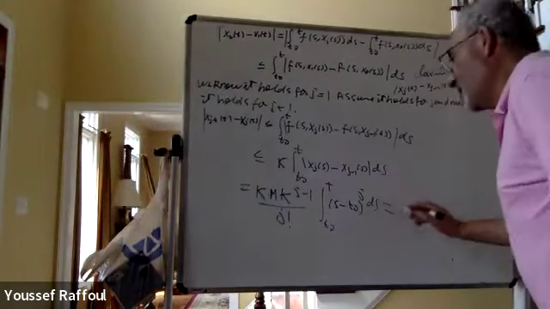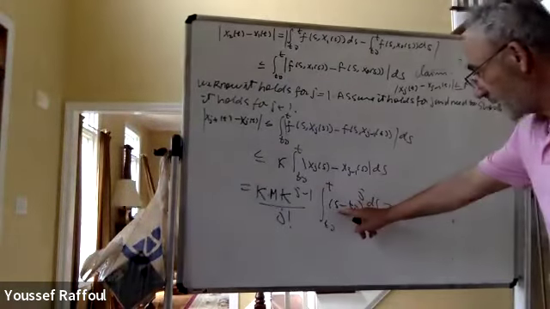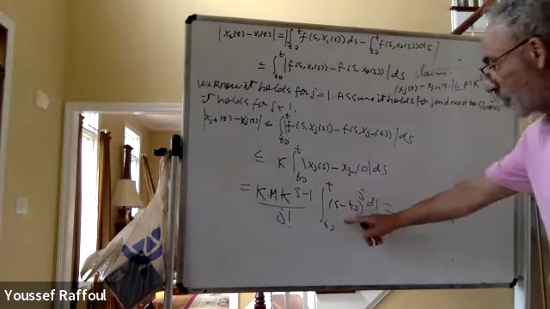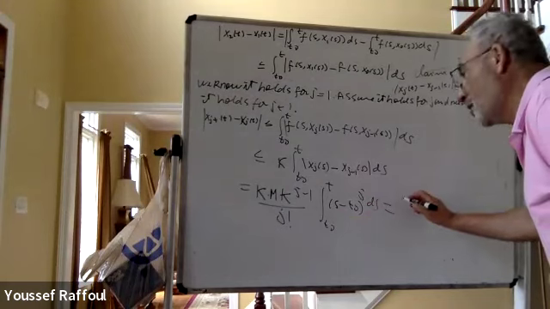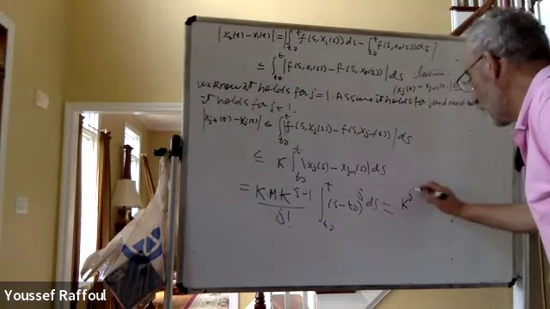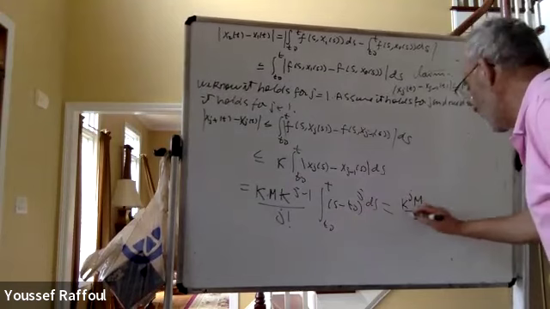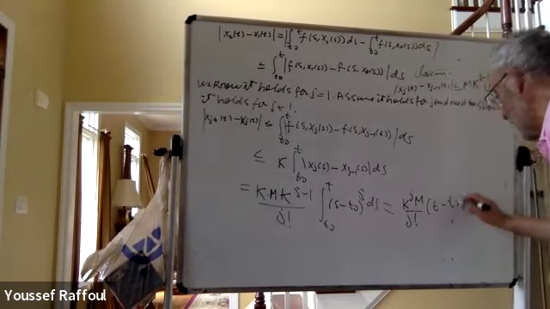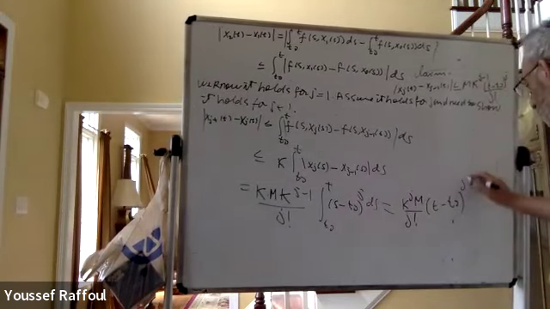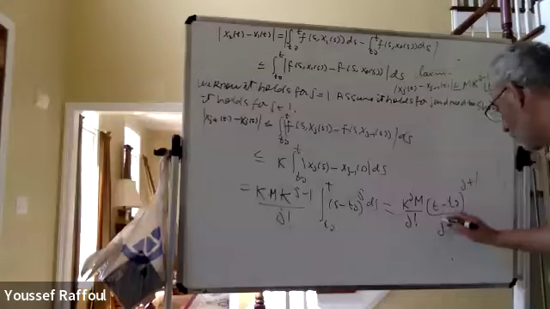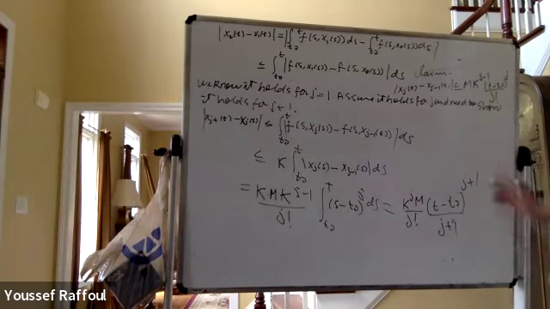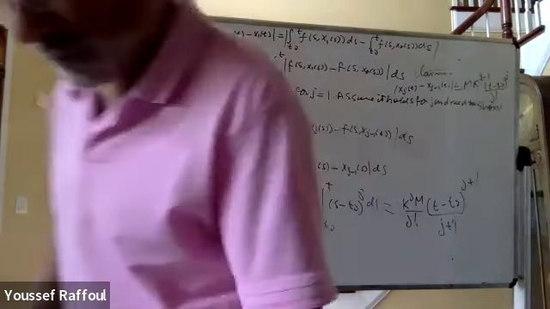And you integrate this: s minus t naught to power j is s minus t naught to power j plus 1 over j plus 1. So this is k j m over j factorial times t minus t naught to power j plus 1 over j plus 1. And so that holds.